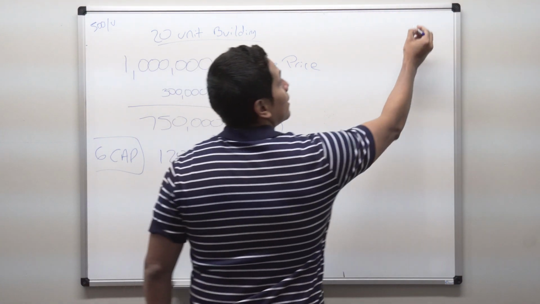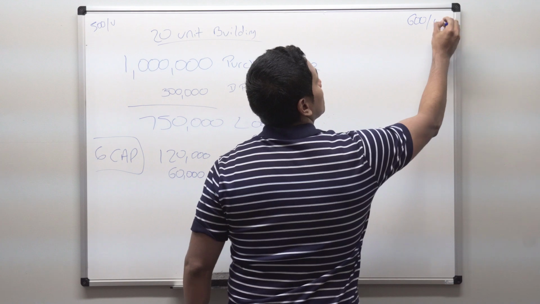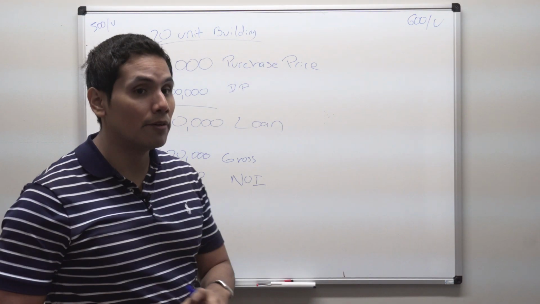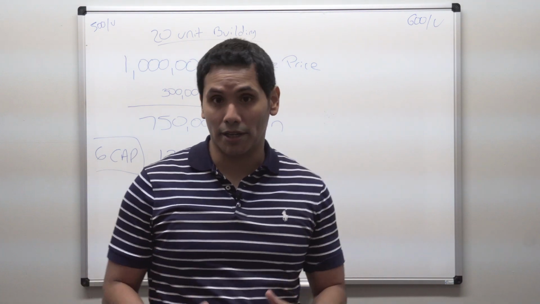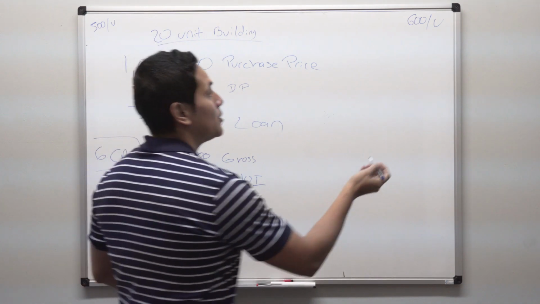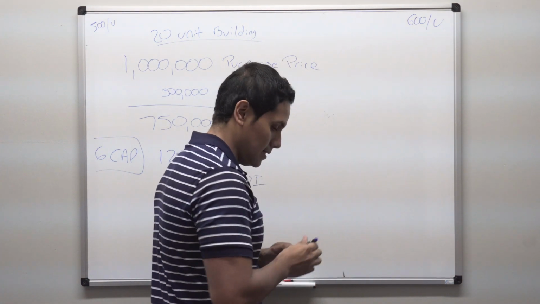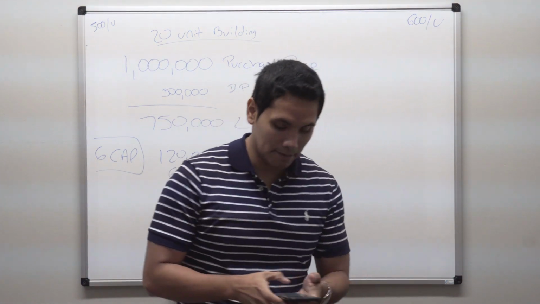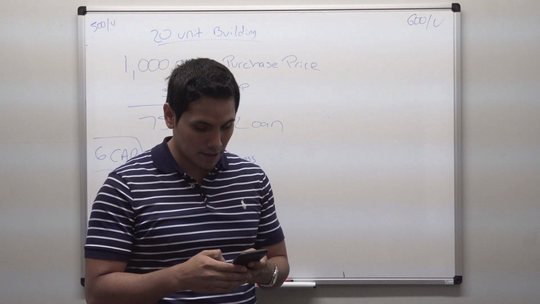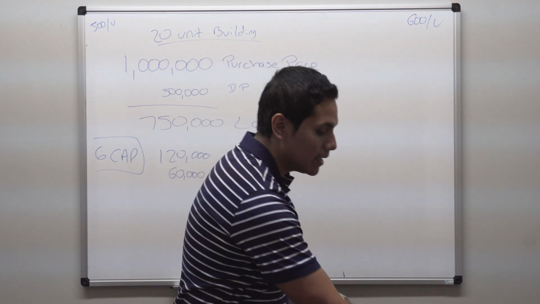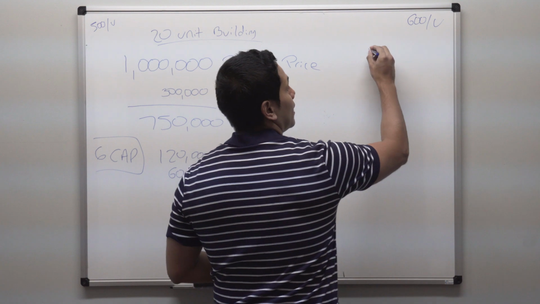So let's say now you're getting $600 a unit. Now that's going to change how much income you're getting. So 600 times 20 units times 12, you're going to be making $144,000.